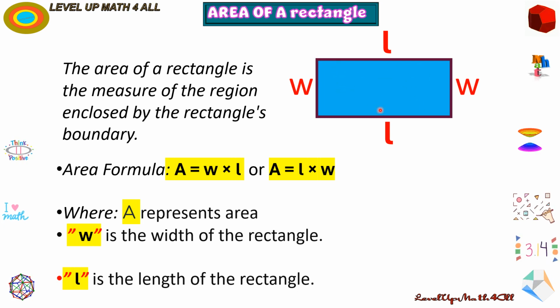The area covered between these four closed sides is called area. And here is the rectangle formula: A is equal to W times L or L times W. As I mentioned, W stands for width, L is the length.